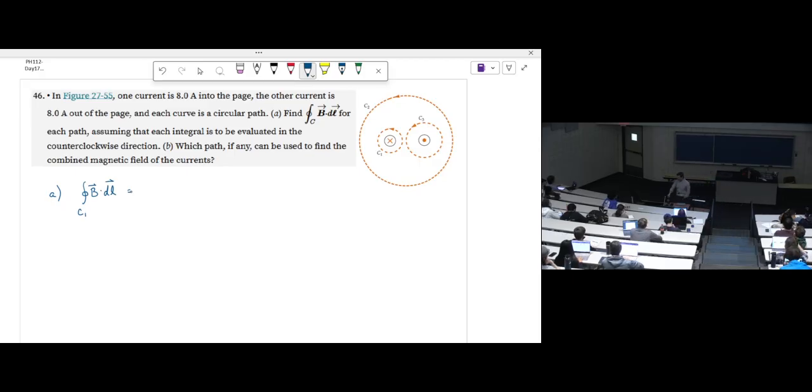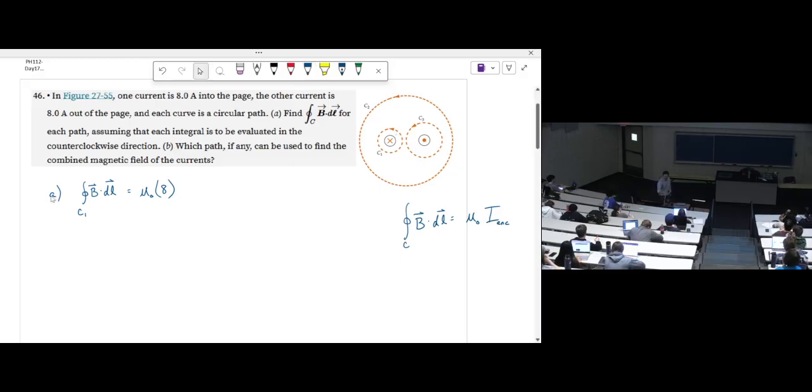Ampere's law states that for a closed loop integral of B·dl around some contour, it's equal to mu naught times how much current is enclosed. So in this case, it's going to be equal to mu naught times 8 amps for C1.